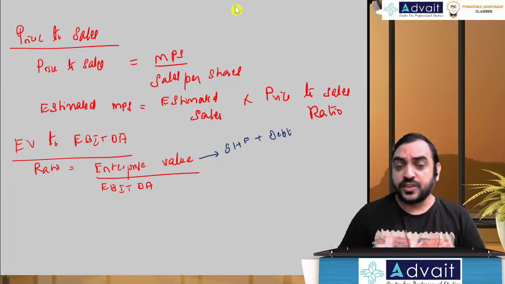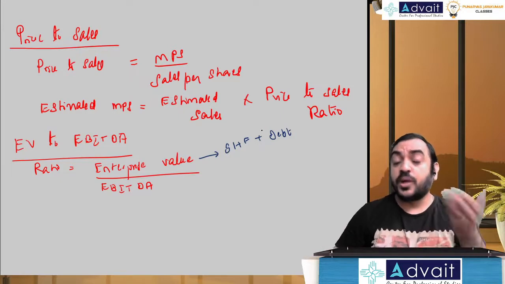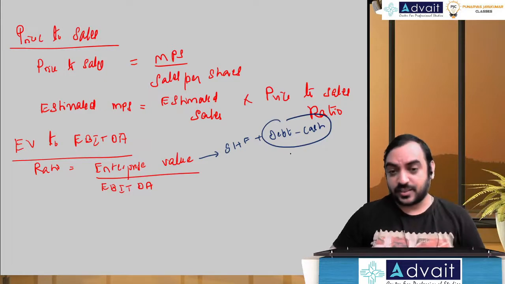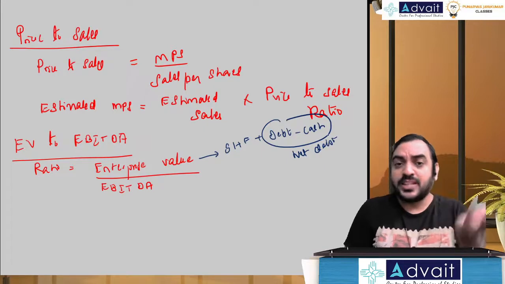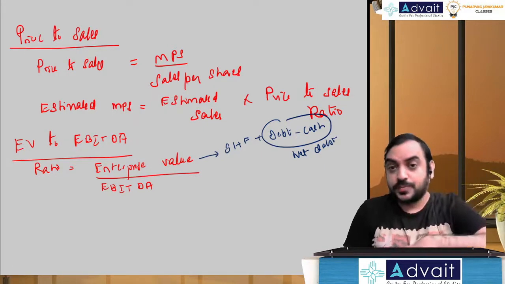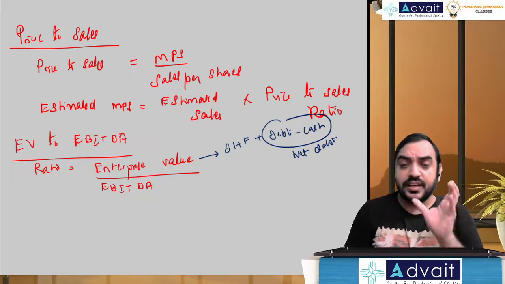Even if you have any preference shares, non-controlling interest, minority interest, that also you add, minus cash. Minus cash because I want net debt. So as if you use the cash to make the payment, how much amount is your capital employed in the business. So that's why I'm subtracting cash, net debt.